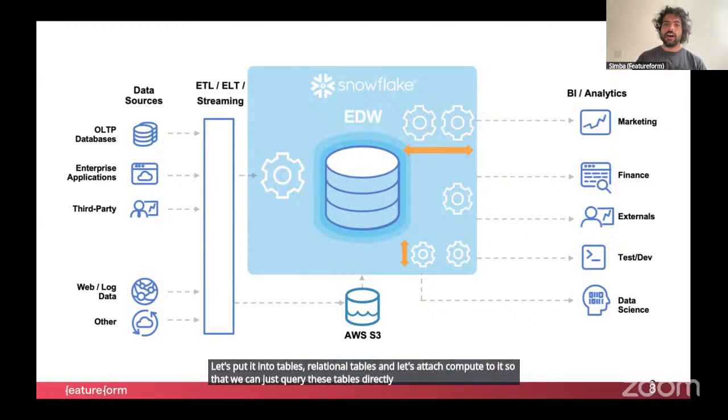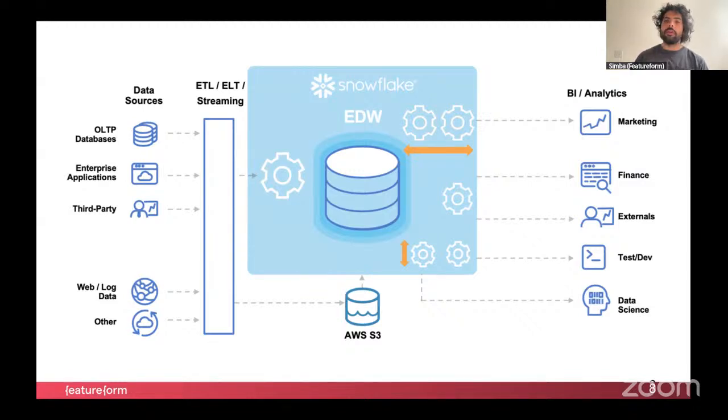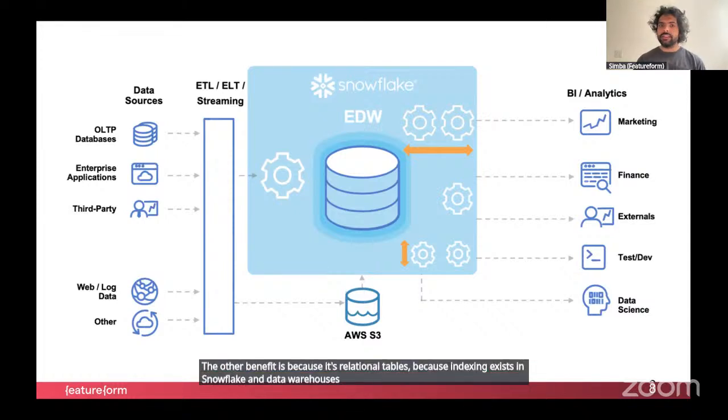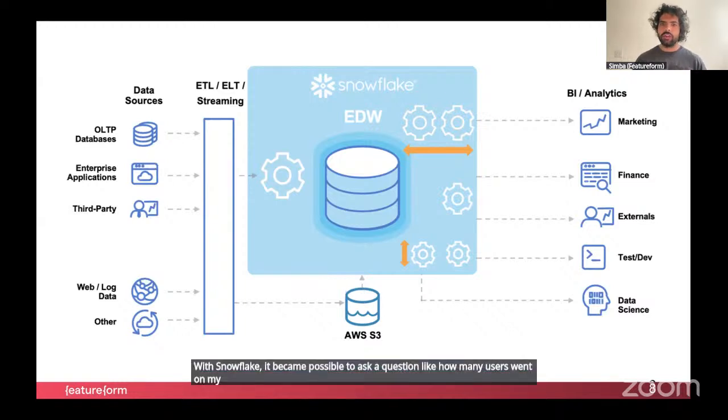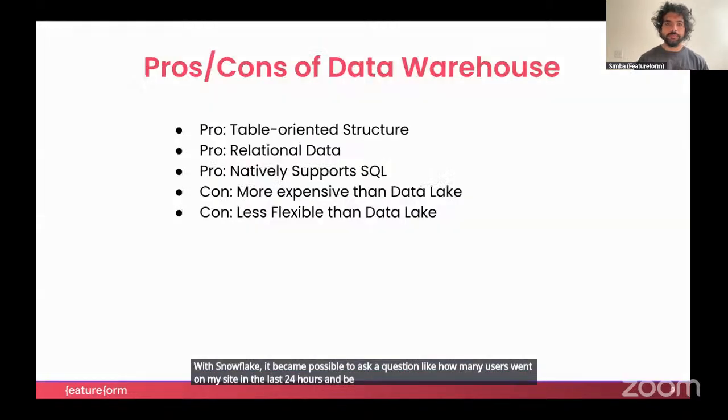The other benefit is because it's relational tables, and because indexing exists in Snowflake and data warehouses, we can do much faster queries. Before, with the data lake, it was much harder to work with and slow. With Snowflake, it became possible to ask a question like how many users went on my site in the last 24 hours and get that immediately.